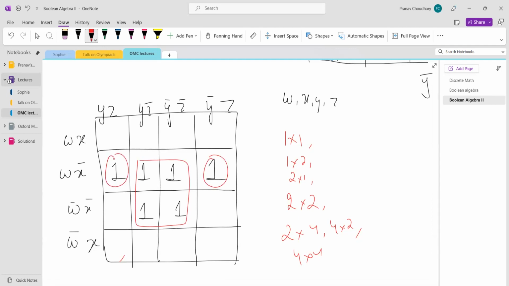This is one rectangle, this is one rectangle, and this is one rectangle. This takes 3 rectangles. But optimally, you can just do this. Just take this as a rectangle. And this is valid, right? Because we discussed overlaps. So this takes 2 rectangles and covers all the ones. So that is how you do minimization.